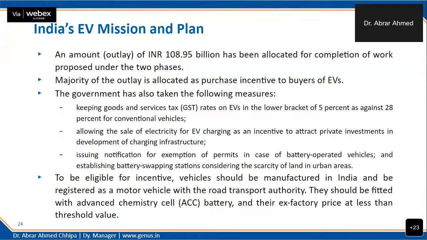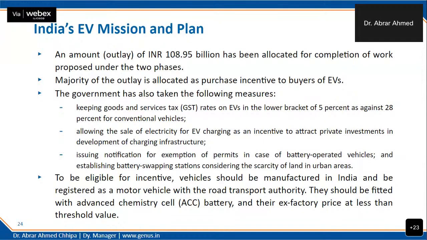For example, if you want to own a Tesla in India, you cannot avail of these scheme facilities from the Tesla EV because it is not manufactured in India.